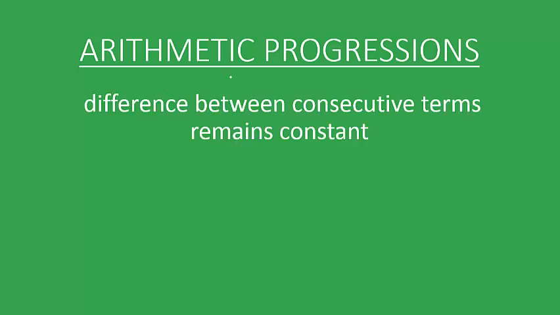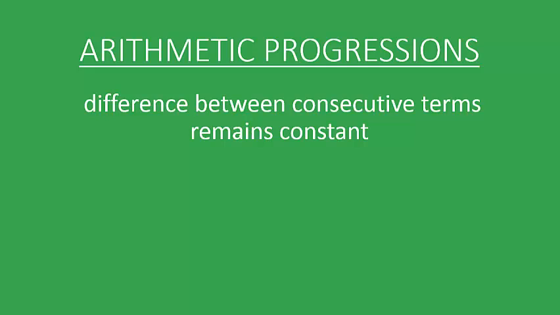These progressions follow a particular property, a single relation or single property which is satisfied by all the terms of that particular sequence. So to look into what is the special property of the arithmetic progressions, we have that the difference between the consecutive terms remains constant.